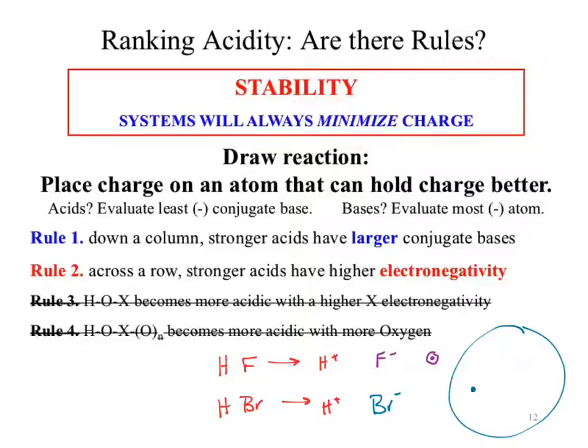If we compare, say, HF to H2O. And that can be confusing, so let's just say HO, and then there's something over here. I don't really care what it is, but all I'm looking at is the HO. We'd be looking at H plus and O minus. When I'm looking within a row, what happened to the size of the atom?